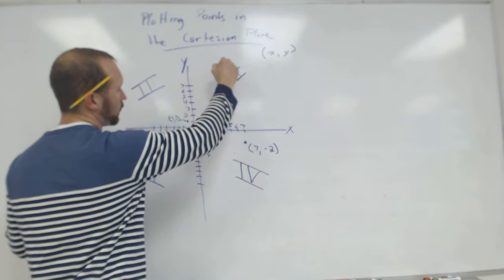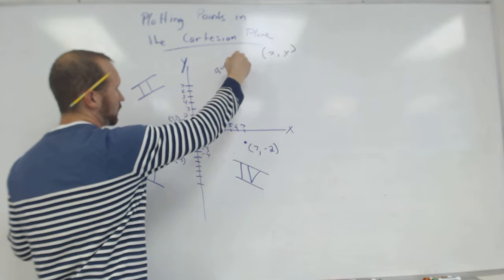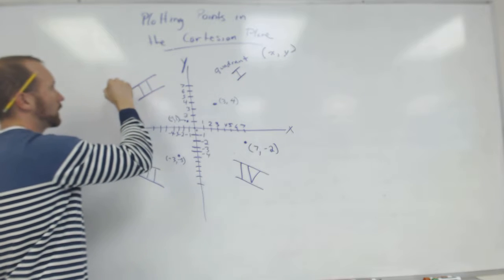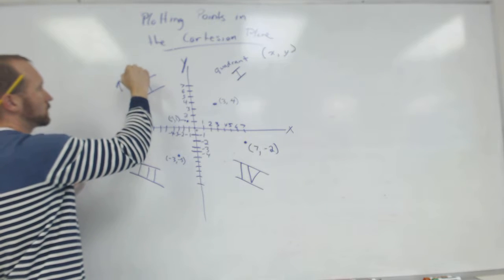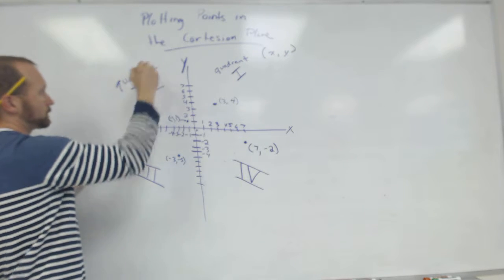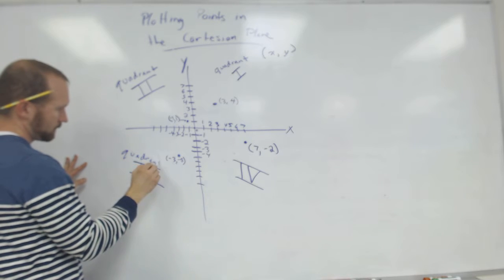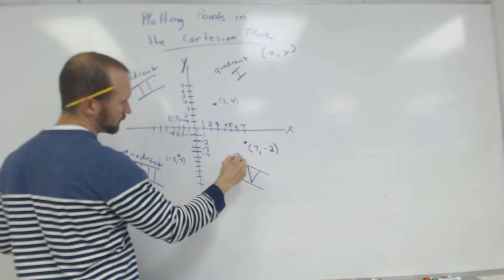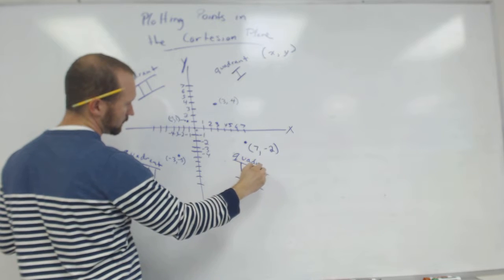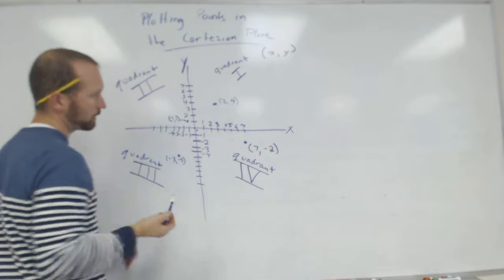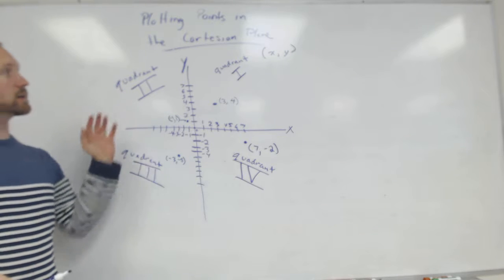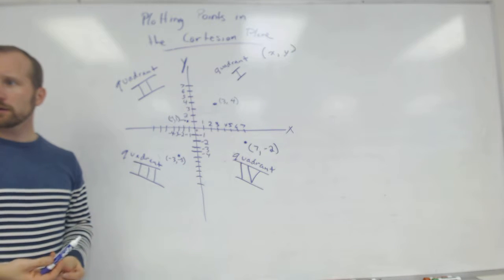So labeled as quadrant 1, quadrant 2, quadrant 3, and quadrant 4. So this is our Cartesian plane, right?